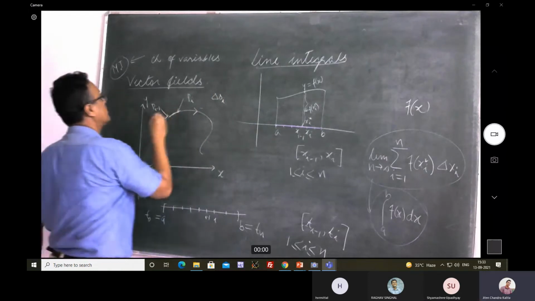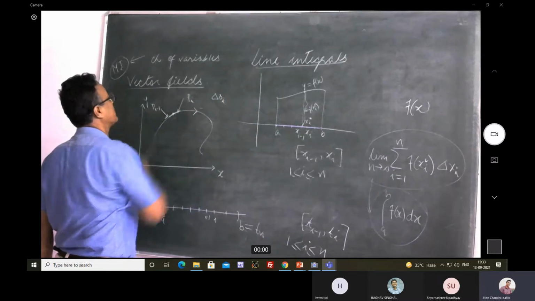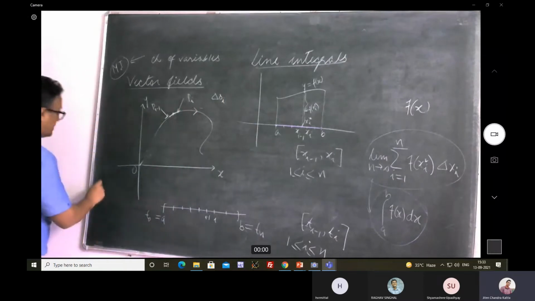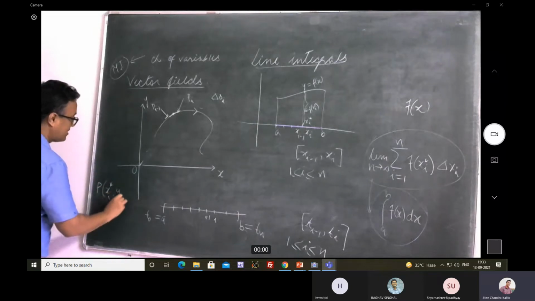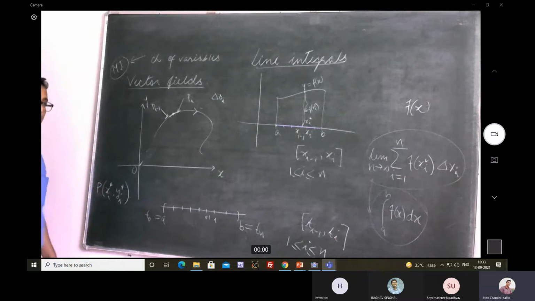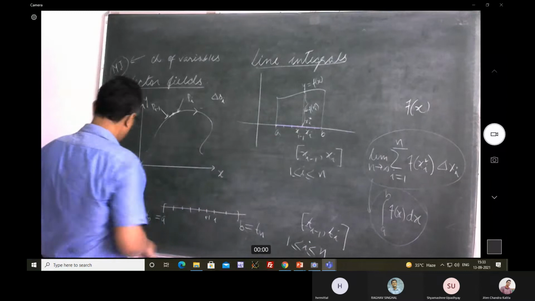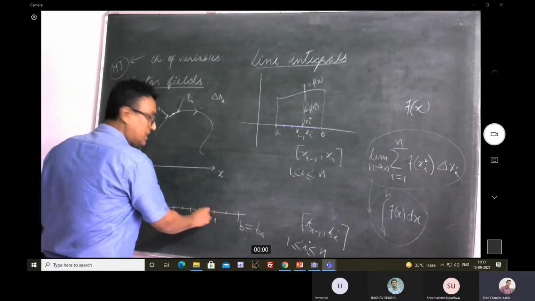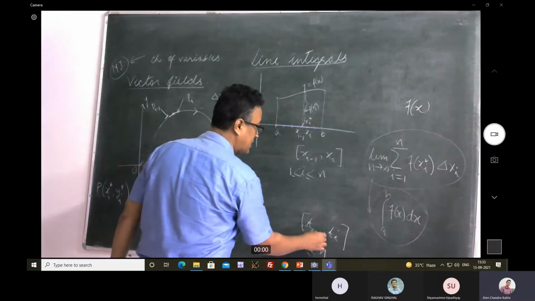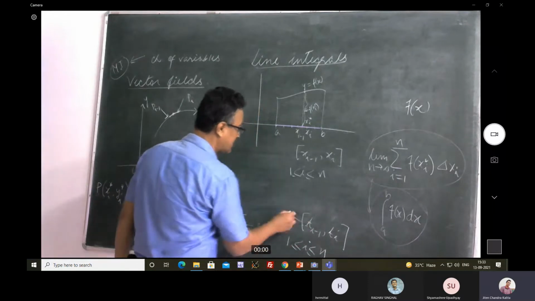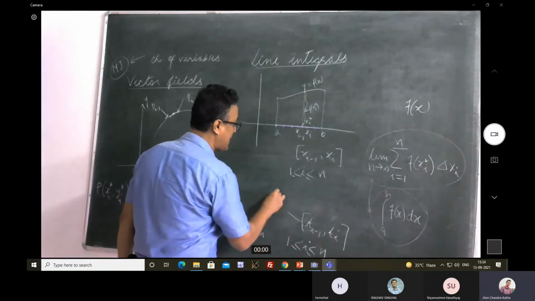I am going to take a point P in this interval, and suppose its coordinates are x i star, y i star. So in this interval t i minus 1, t i, I can find a point t i star.